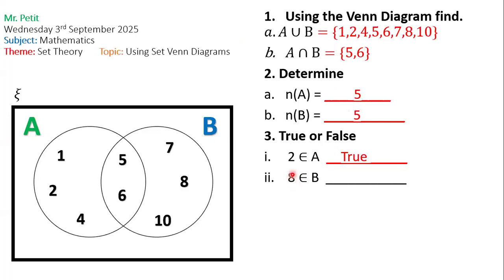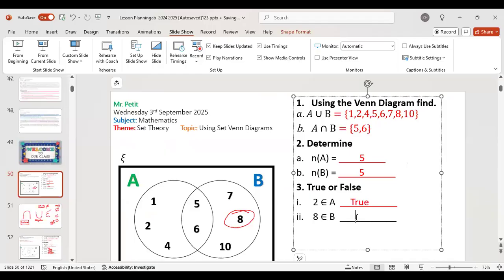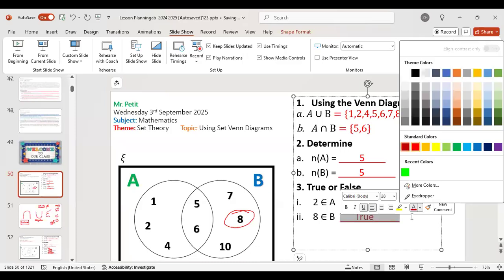This thing is saying that 8 is an element of B, and that's true because 8 is definitely inside of B. So we have the right answer, true. 8 is definitely an element of B. All right, next one.